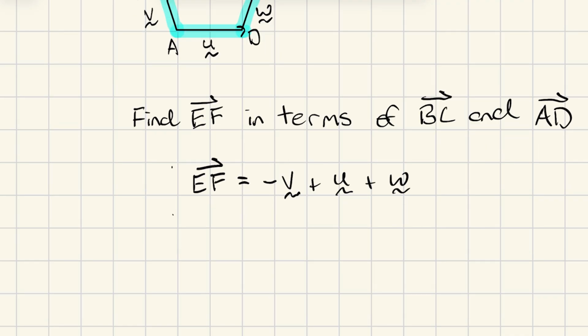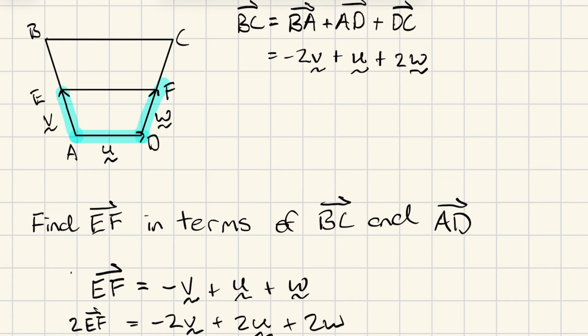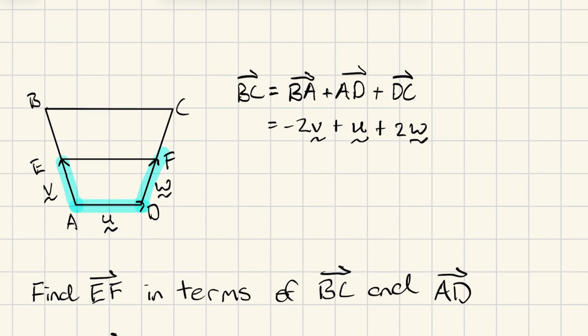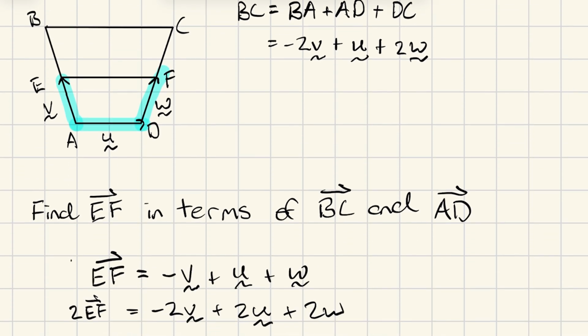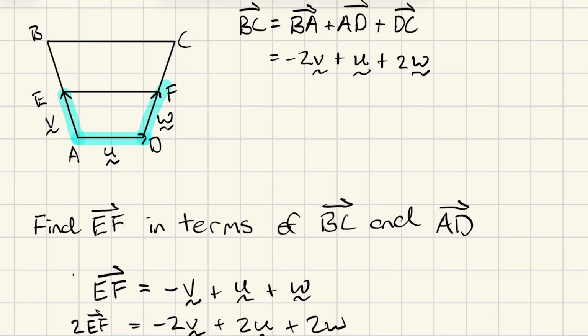So we have 2EF equals minus 2V plus 2U plus 2W. And now you can see that 2EF has BC plus an extra U. So BC is minus 2V plus U plus 2W, and EF is minus 2V plus 2U plus 2W. So they only differ by plus U.